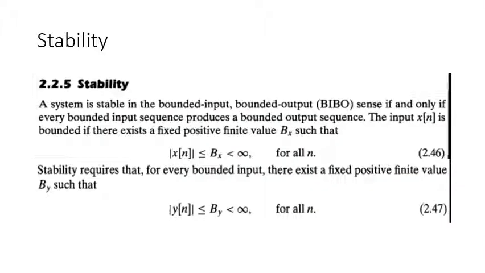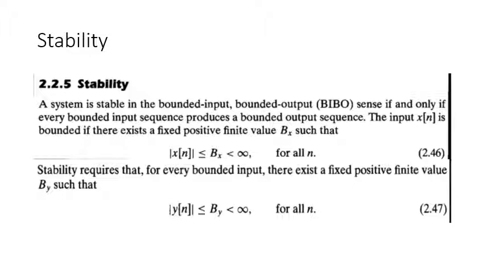Another important property of a system is stability. A system is said to be stable, or in fact BIBO stable, meaning bounded input, bounded output. If input is bounded, output must be bounded.